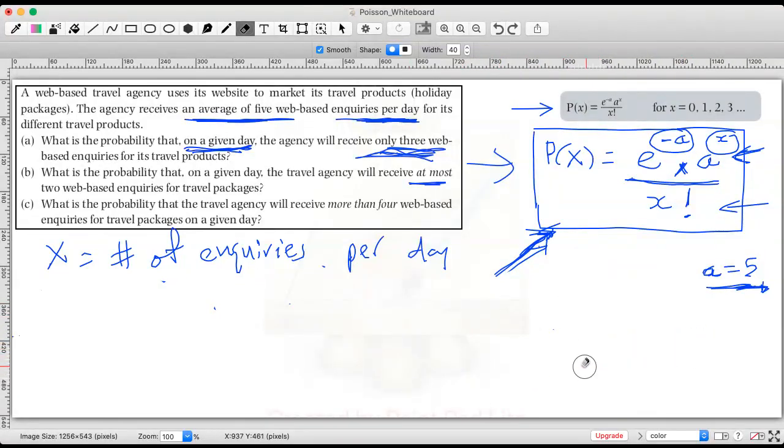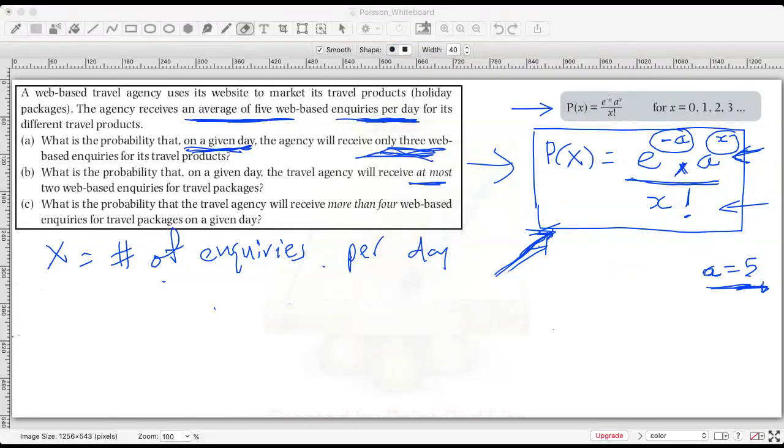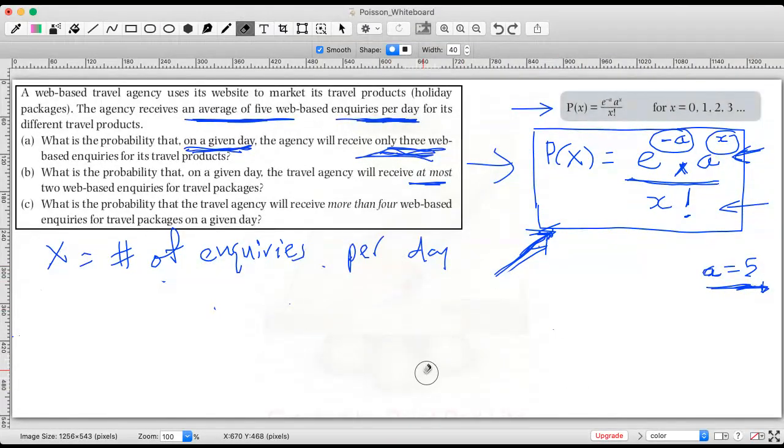So make some space on this board. All right. So the last question, question C, right? This one says, what is the probability that the travel agency will receive more than 4 web-based inquiries?